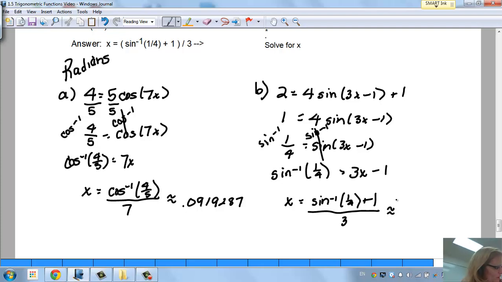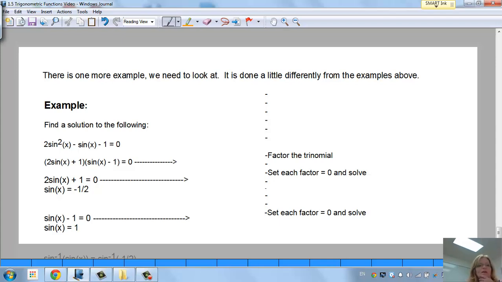And then when you put that in your calculator, you should get 0.417560085. Okay, so that's step by step how you would solve that. All right. Now, on the next page here we have another example.